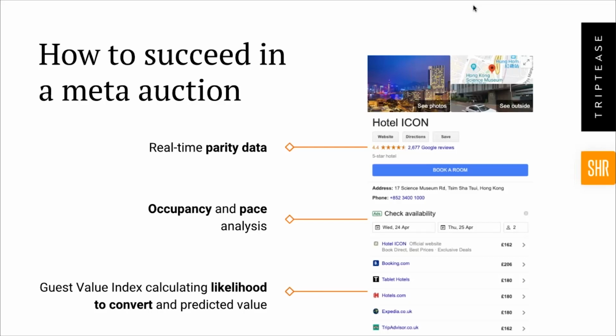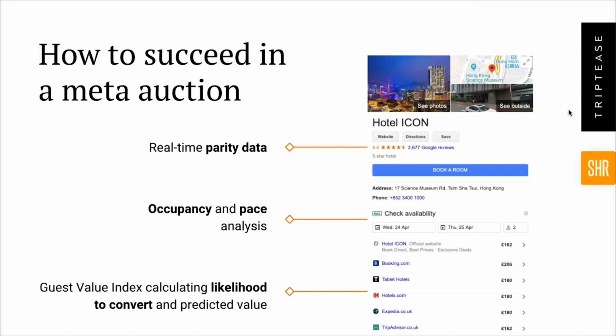Moving on to Metasearch. I referred earlier to some of the features of this Metasearch panel, which you can see here on the right-hand side. There are a few different ways in which you can really succeed in the auction. The first of those is simply to be there, because we know that the users are there.